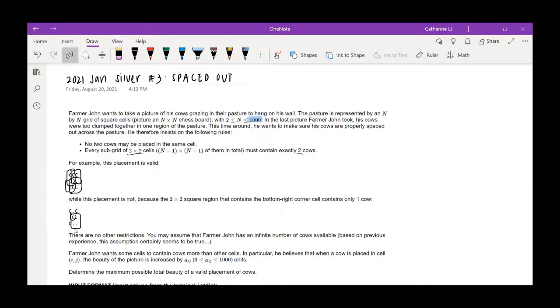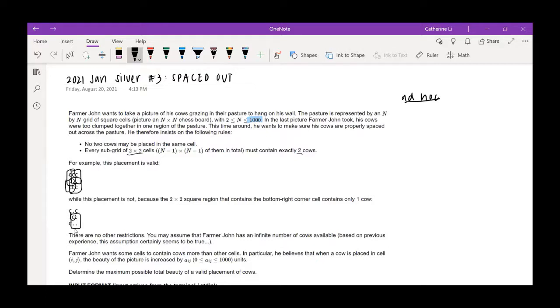So this kind of problem is called an ad hoc problem. Basically that means it doesn't really have a category. We had a prefix sums problem and then one that used 2 pointers, but this one doesn't have a specific algorithm or strategy that you can use to solve it.